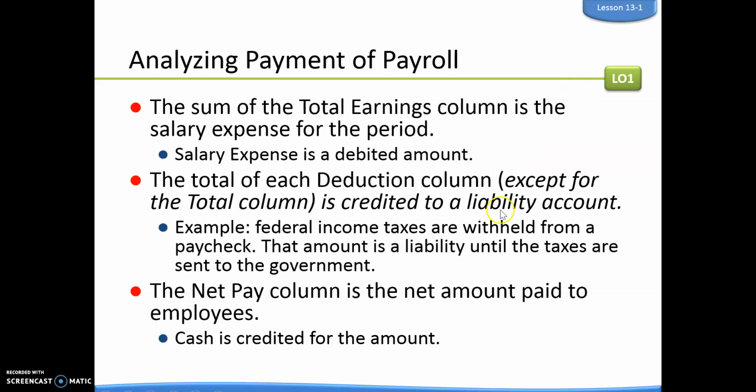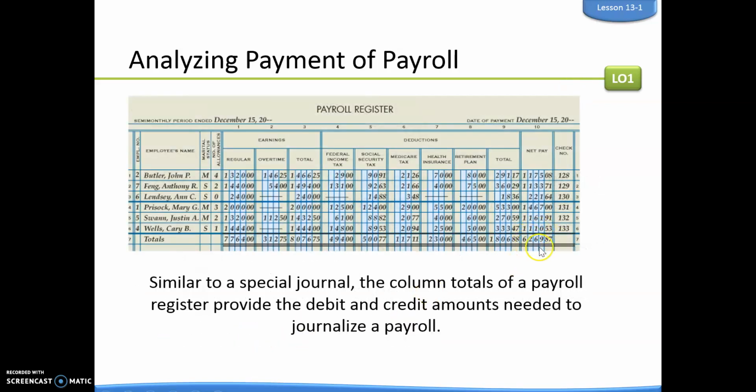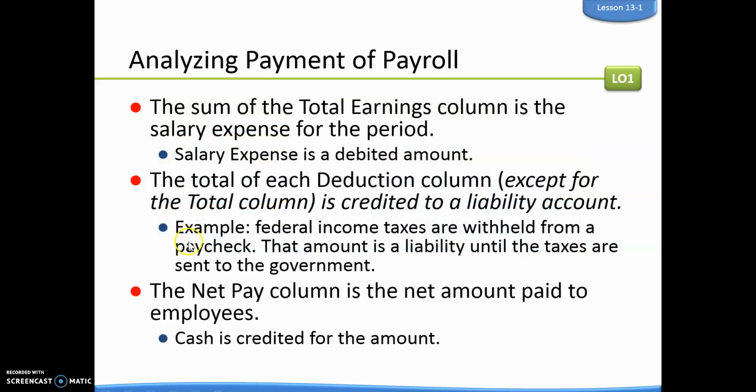And then the net pay column, which is right here, which is how much the employees actually get paid, because remember, this is what they earned. All of this comes out of their paycheck, and then this is what they actually get paid. That net pay is where we credit cash. Because remember, right now what we're doing is we're actually paying our employees. So we debit salary expense for how much they earned total. We credit each of our liability accounts for all of their deductions, and then we also credit cash.